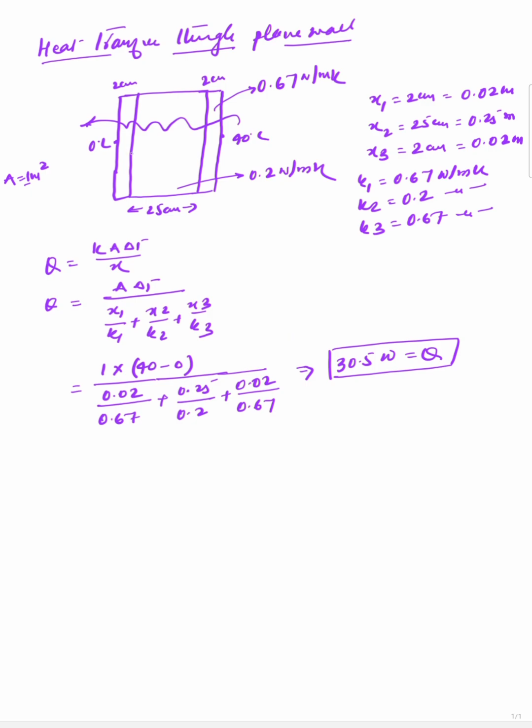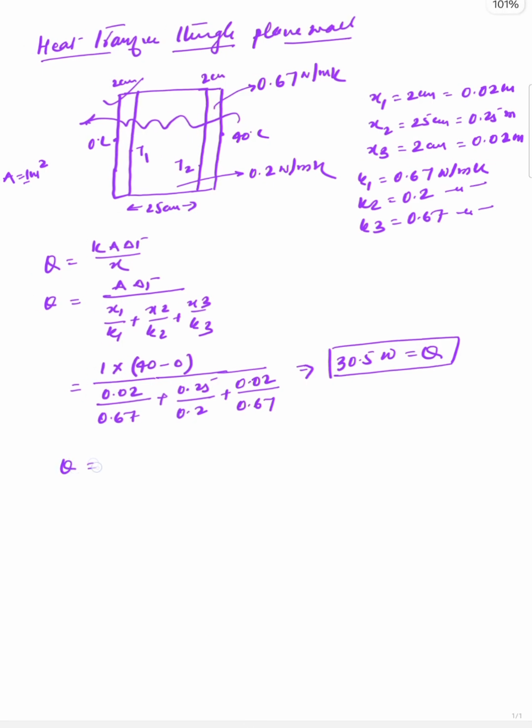We can also calculate the interfacial temperature. Let's assume the interfacial temperature value is T1 and this interface temperature is T2. For this we need to write a separate equation for each section. So let's write the equation for the first one. Q is equal to KA delta T by X. We know the value of Q now.